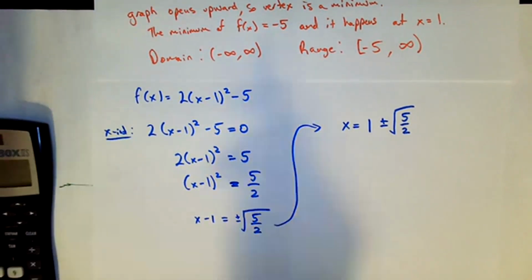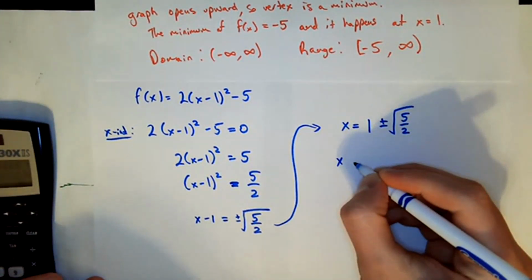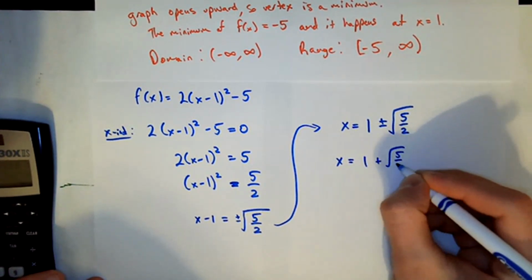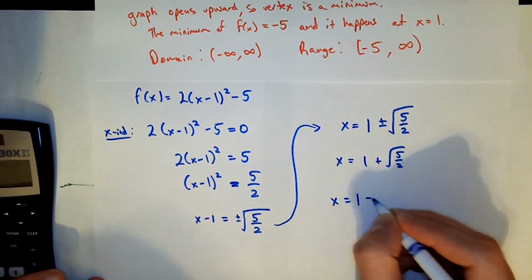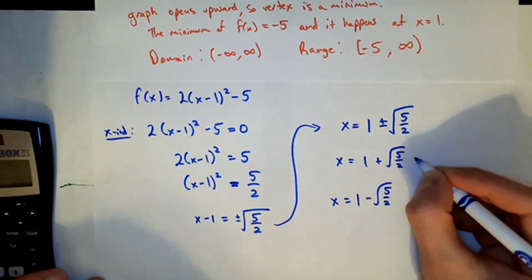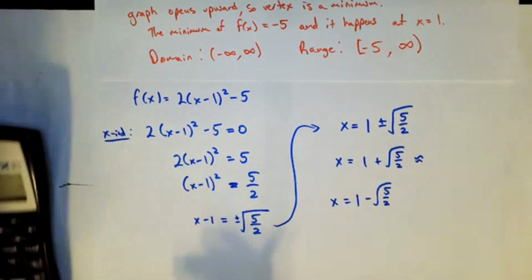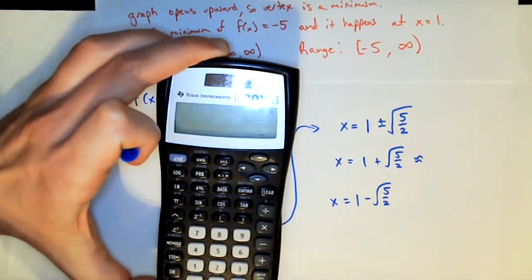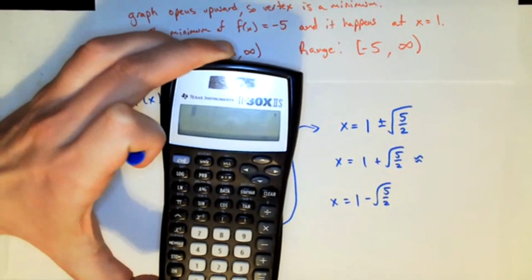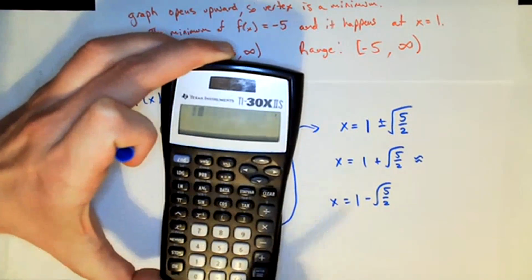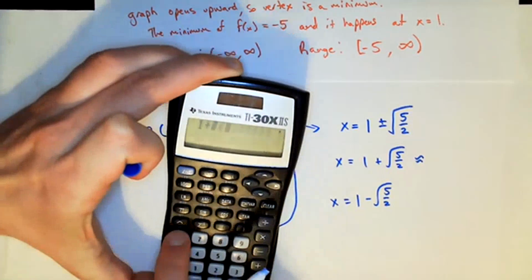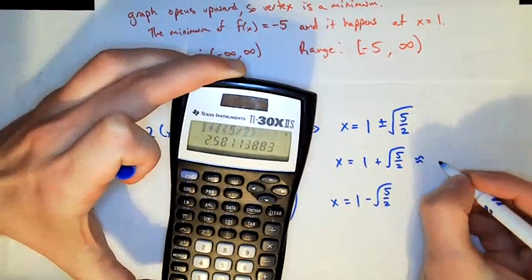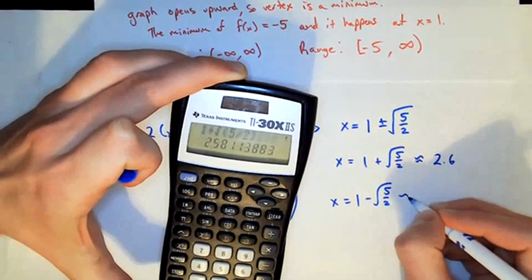So we could go to the calculator and say, okay, x is equal to 1 plus square root of 5 over 2, or x is equal to 1 minus square root of 5 over 2. So I would say 1 plus square root of 5 over 2, close parentheses, 2.6, rounding to 1 decimal place.